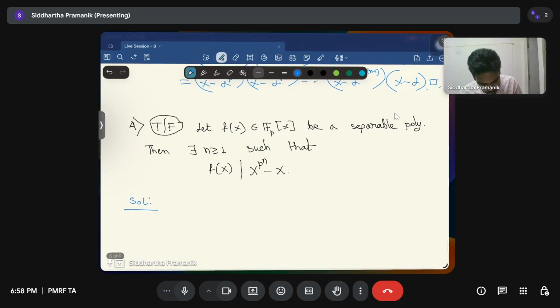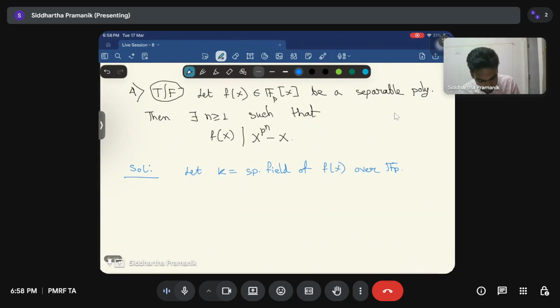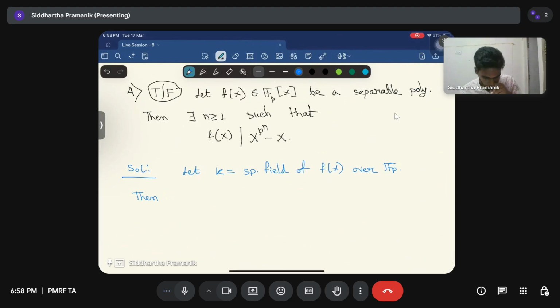So let K be the splitting field of f(x) over Fp, right? So then K over F is a finite Galois extension because it is a splitting field of a separable polynomial.